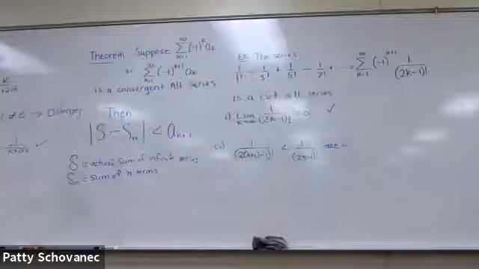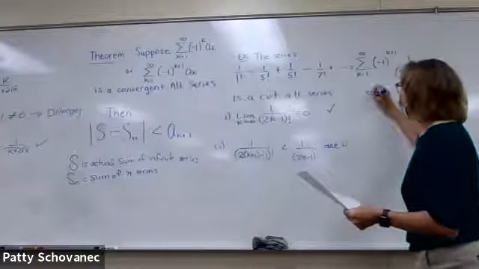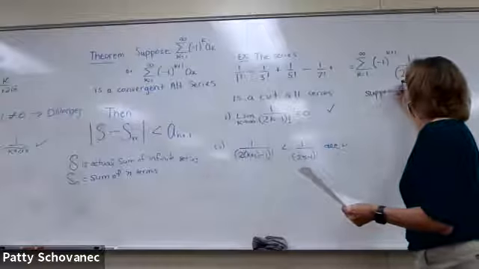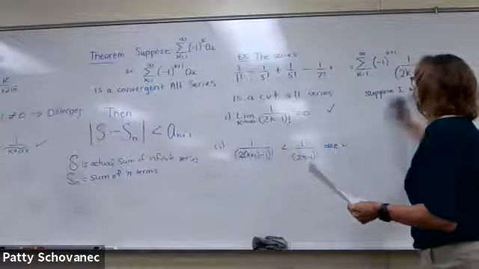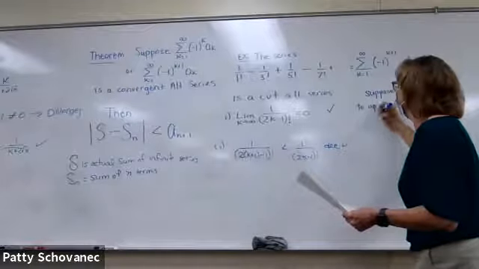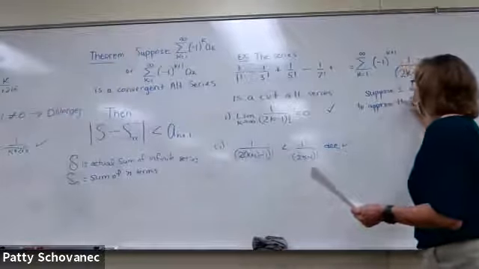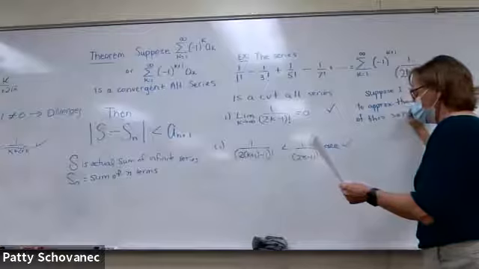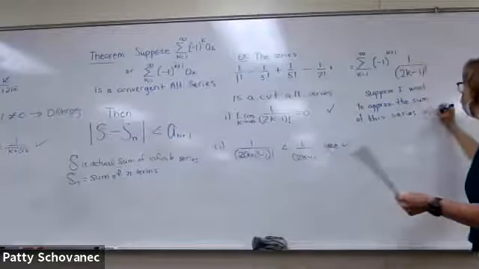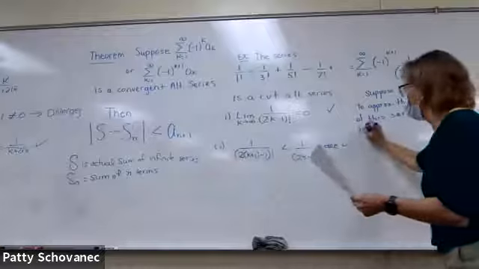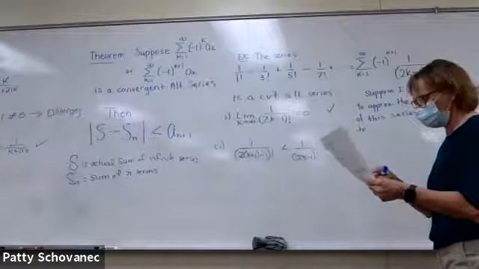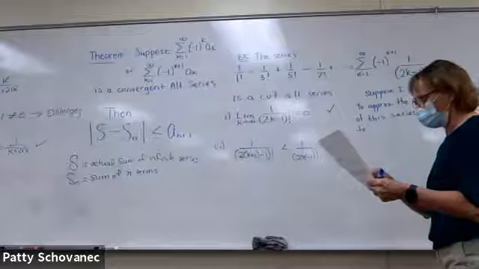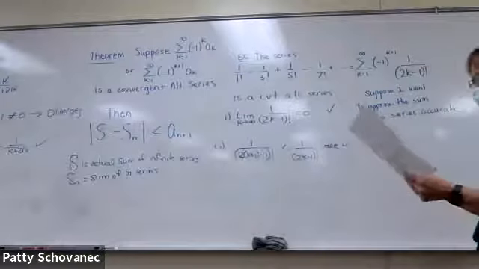For instance, suppose I want to approximate the sum of the series accurate to 1, 2, 3, 4, 5 decimal places.